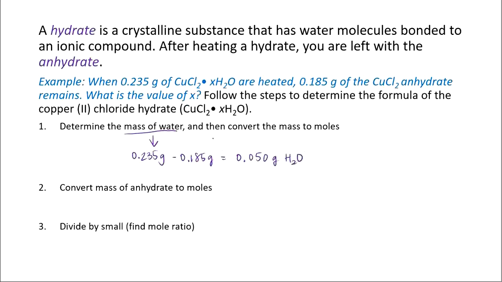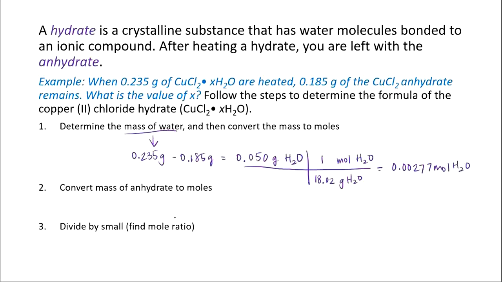And then we're going to take that mass and convert it to moles of water. So to convert, we have the molar mass of water as 18.02. When you divide, you get a value of 0.00277 moles of water.